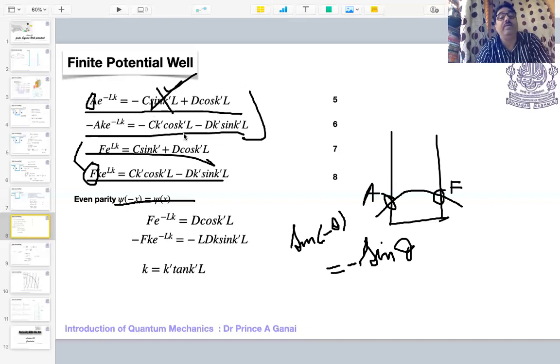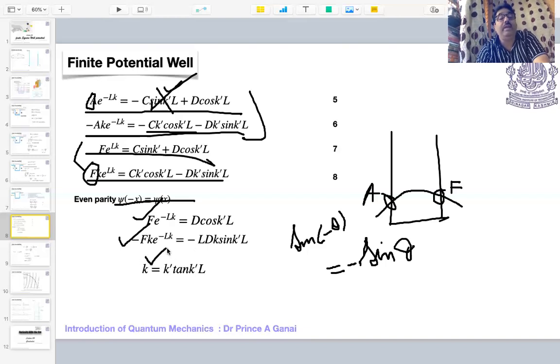And similarly, for the second case, when I take the derivatives and make the same imposition, since c is 0, this term will naturally go to 0, and then I have these 2 equations left. These are the 2 equations that define even solutions. Now I take their ratio. What do I get?